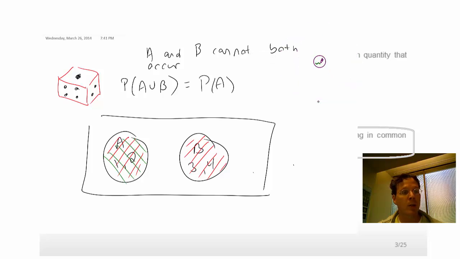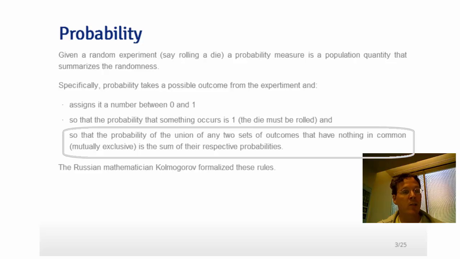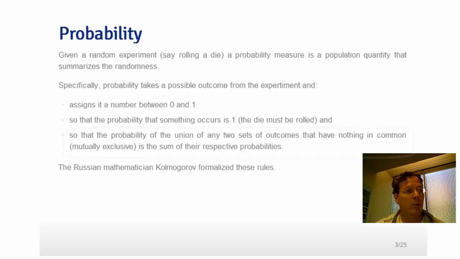The probability of the union, that I get a 1, 2, 3, or 4, is the sum of the probability that I get a 1 or a 2 plus the probability that I get a 3 or a 4. It turns out that these simple rules are all that are necessary to generalize to all the rules that we think probability should follow, and this was discovered by the Russian mathematician Kolmogorov.